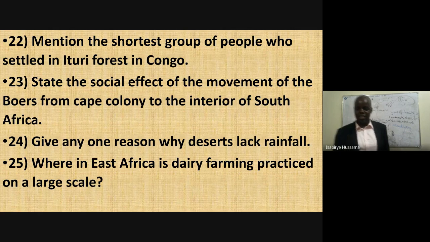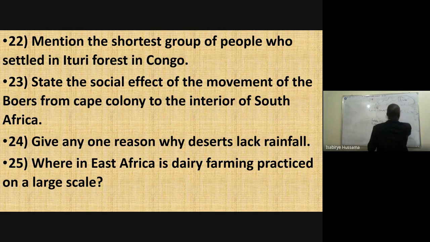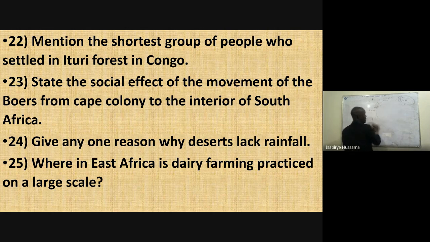This man was called Lord, Mr. Mukwaya, add on. Lord who? Lord Delamere. Yes, thank you very much. He started dairy farming in the Kenya Highlands. He was the leader of the white settlers in Kenya.